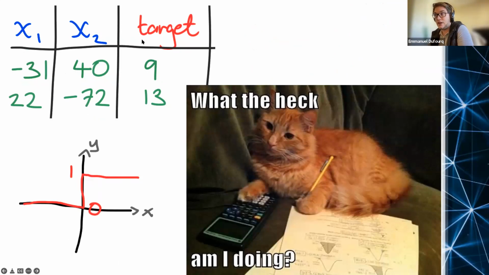But the target value in my imaginary data set was 9 and 13. So in other words, whatever values of the weights I have, I will never be able to produce a value of 9 or a value of 13 because I'm using the step function, and the step function forces the output y hat to be 1 or 0. So we have a problem, and we want to try and fix that.